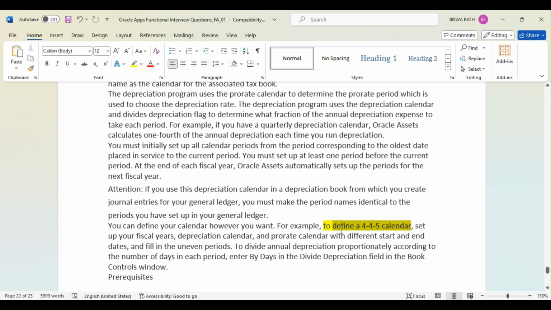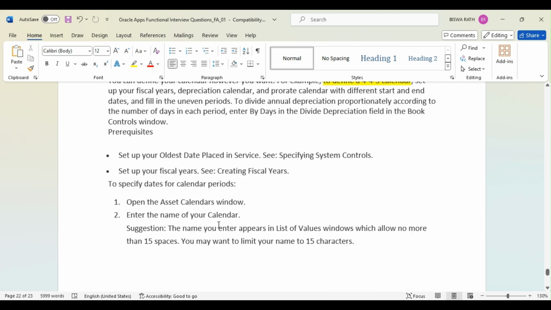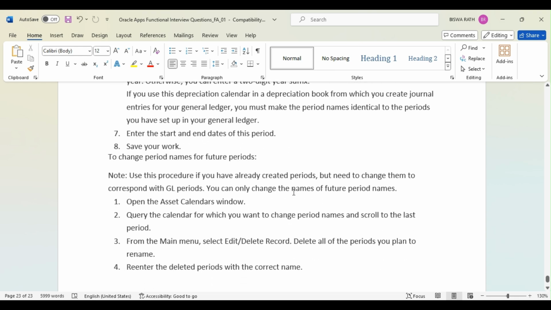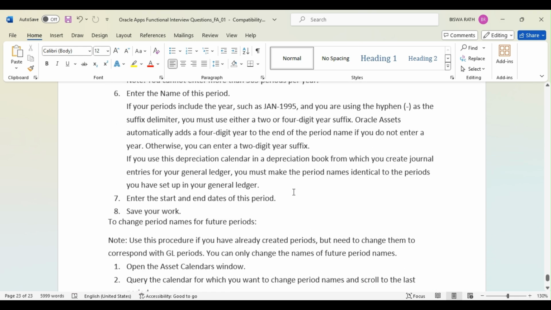This poses a huge challenge whenever you implement any calendar other than the monthly or quarterly calendar. It is challenging, and you need to ensure that you follow the right dates for the 445 calendar. And these are the definitions of how you can set up the calendar.